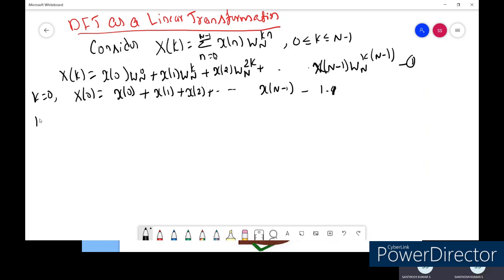Similarly, if you substitute k is equal to 1, wherever k is there, we can substitute k is equal to 1 and find the expansion.